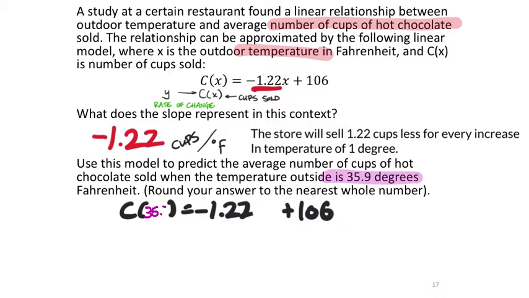So 35.9 here and 35.9 here. So that would be C of 35.9, which would equal, I'm just going to plug this into the calculator. You could do it piecewise if you'd like, but not only for the sake of time, but just because it's easier. Negative 1.22 times 35.9 plus 106. Enter. I get 62.202.